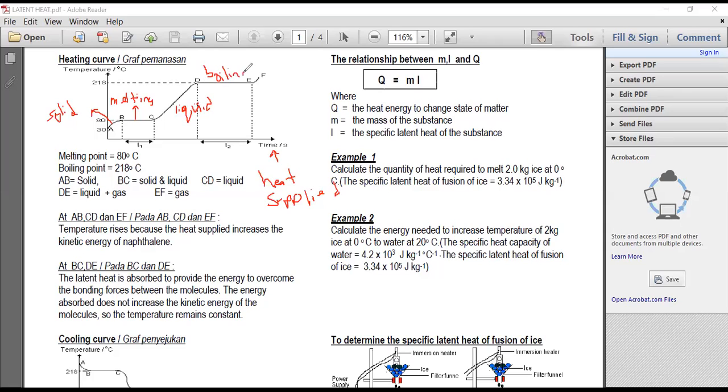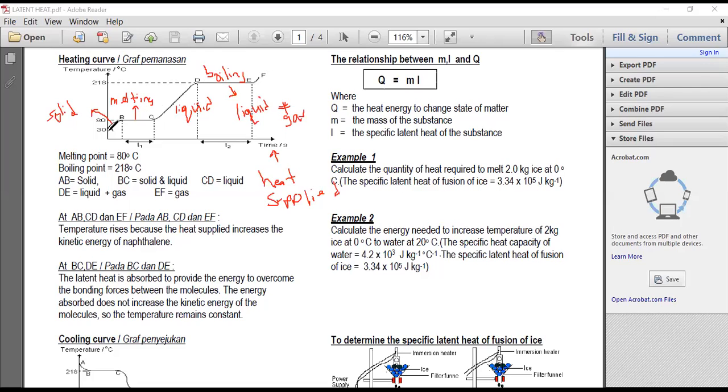During boiling, the matter exists in two forms, liquid and gas. Liquid plus gas. And then this is 100% gas.